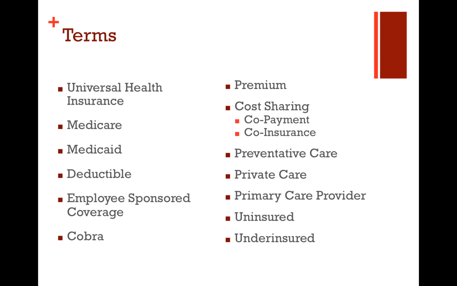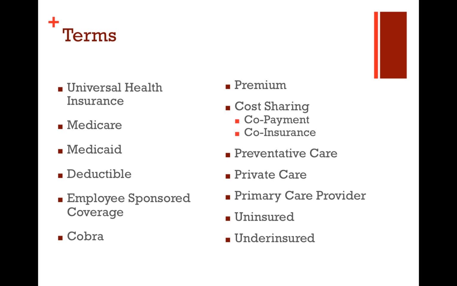And so what we end up with are not just individuals who are uninsured, who do not have insurance, but individuals who are underinsured, meaning they have insurance, but the cost of using that insurance is prohibitively high.